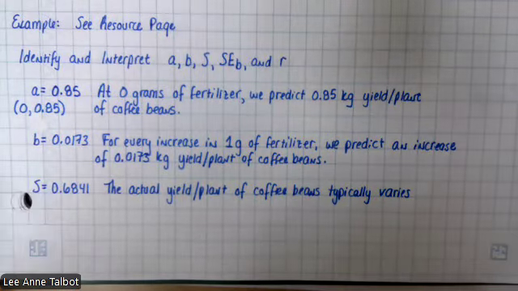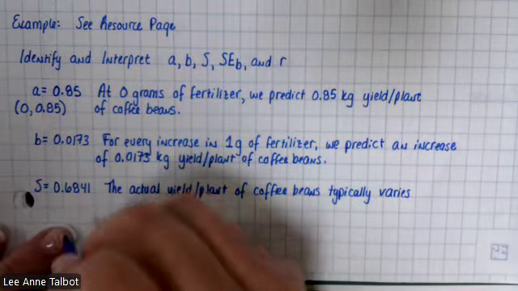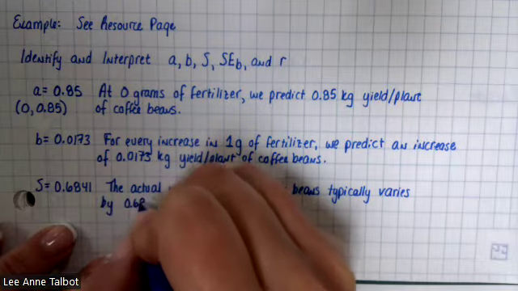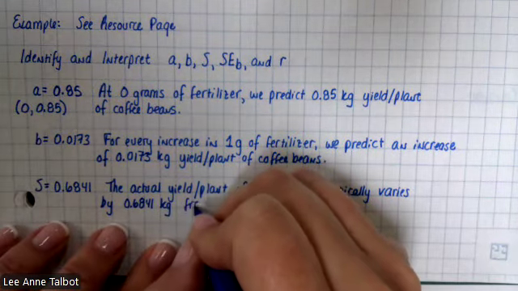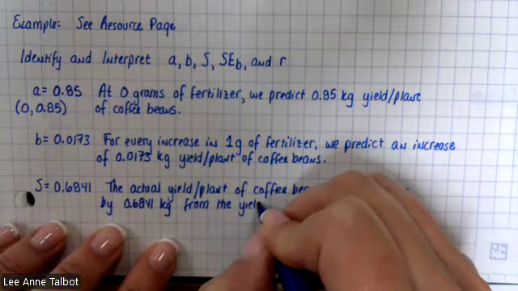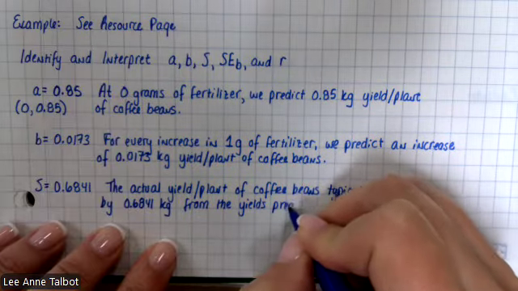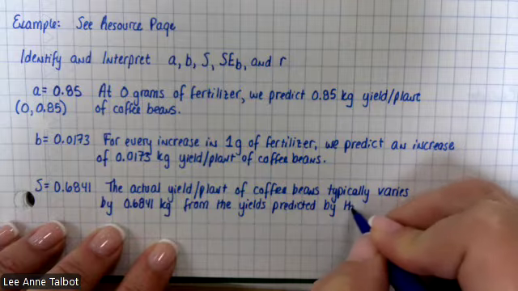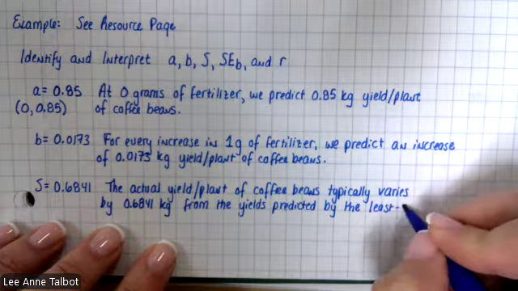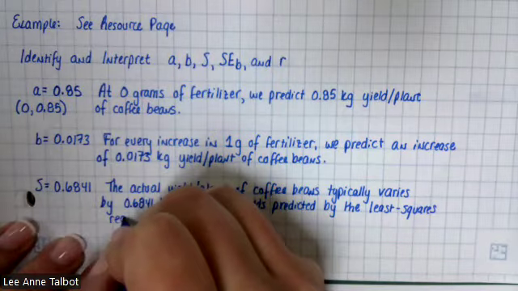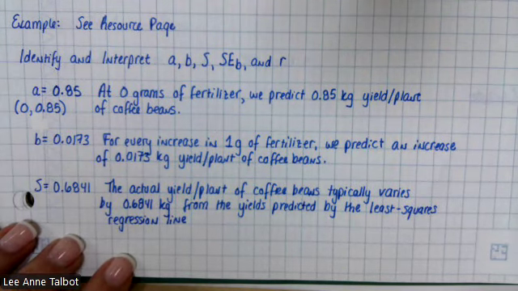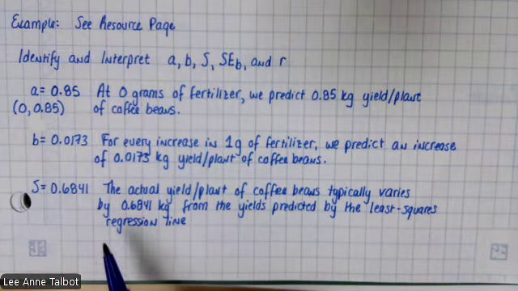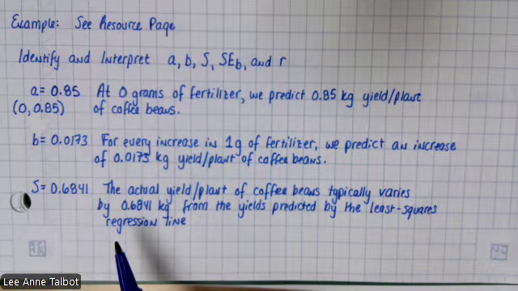Anytime you have a standard deviation, there's got to be some sort of typically varies in there. So if you break this down into regular person language, it's the average residual is about 0.6841 long. So the distance between the points and the line.